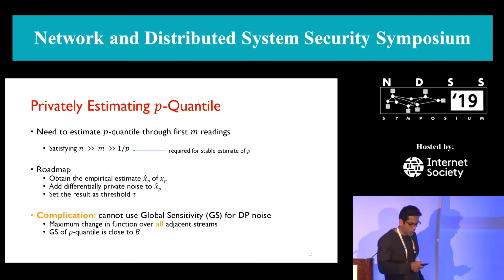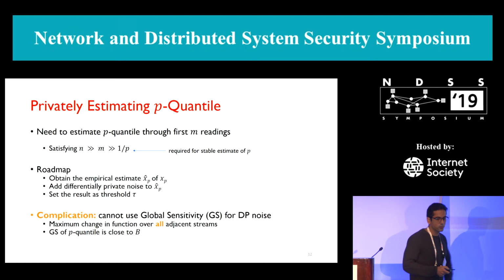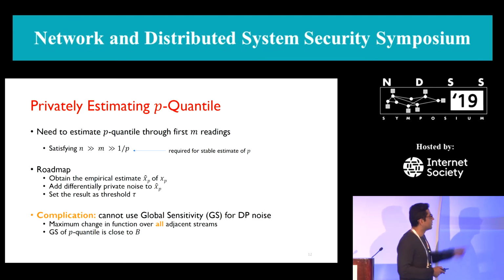So the roadmap from here is that we will first have an empirical estimate of the p-Quantile, then we'll add differentially private noise to that empirical estimate, and we will set that as a threshold. One complication here is that we can't use global sensitivity.